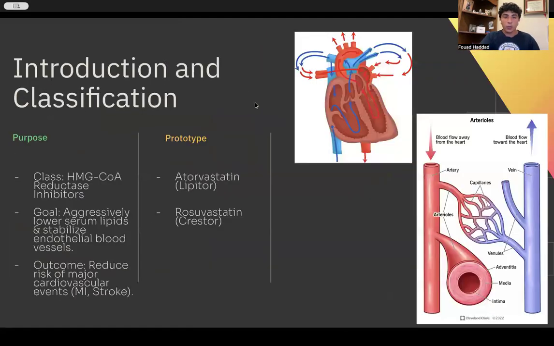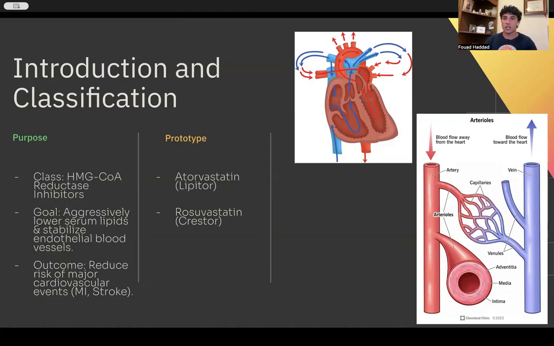So let's begin with the introduction and classification of my drug. Statins are one of the most frequently prescribed drug classes in the world, and their primary therapeutic purpose is to help aggressively lower elevated serum lipid levels in the body and stabilize the endothelial blood vessels, which specifically helps to reduce the risk of major cardiovascular injury or disease, such as heart attacks or strokes, which could tend to be fatal.